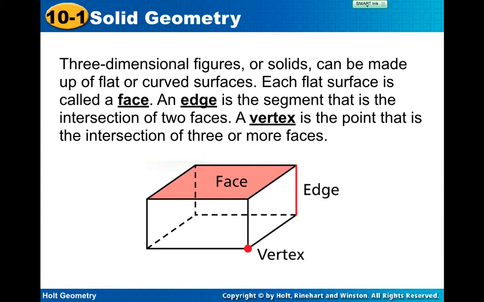All right, an edge. An edge, as it says, is where two flat surfaces come together. So these come together, so this segment here where those connect, that's an edge. This is an edge, this is an edge. So when you go to draw a three-dimensional shape, you're drawing the edges. And some of them are dashed in the picture because you can't see it if that were solid, correct?